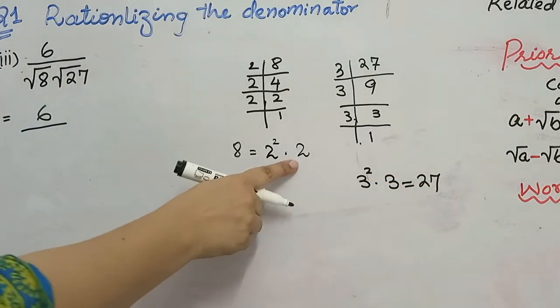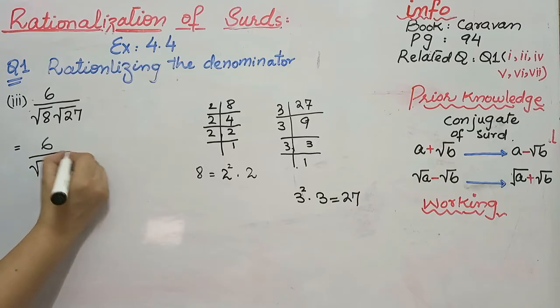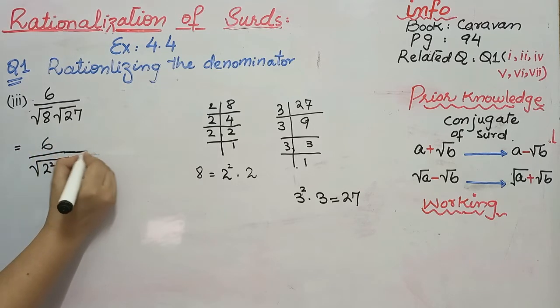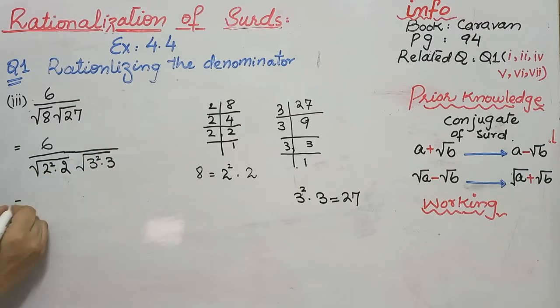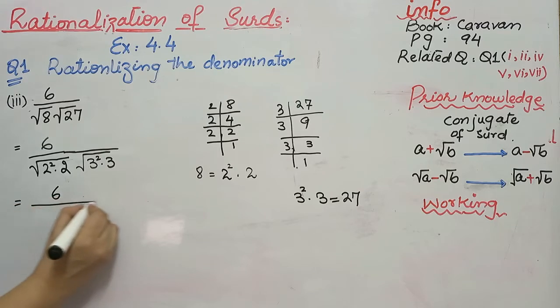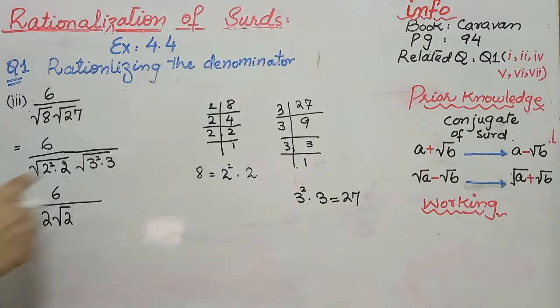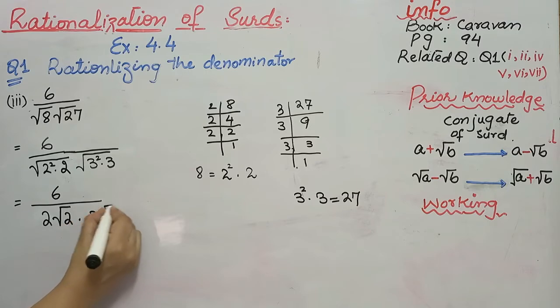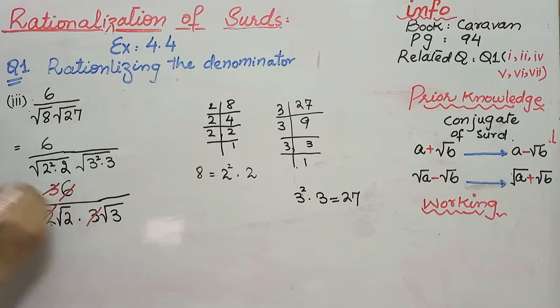So in the place of 8 I am going to substitute this: 2 square into 2, and 3 square into 3. 6 by that, 2 will come out, and the remaining will be, the square comes out of the square root, and here also it cancels and comes out, and the remaining inside is 3. 2 3s are 6 and 3 is cancelled with 3.